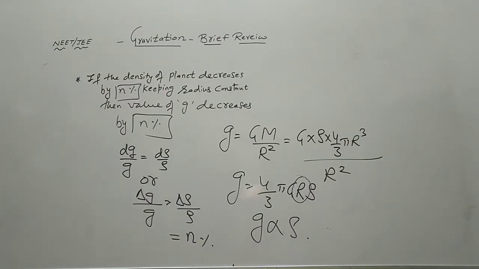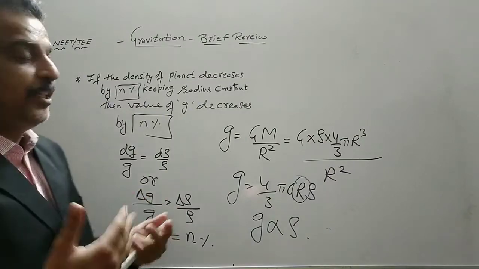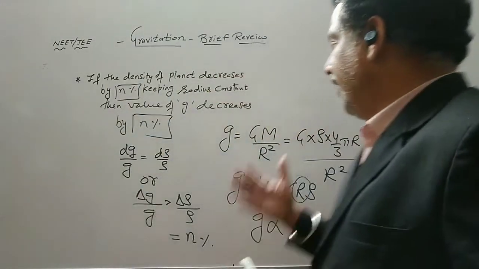So we have minus 2n% or plus 2n%, depending on whether the radius is increasing or decreasing. Mass is in direct proportion. So if mass increases, g will increase. If density increases, the g will increase. So this is the variation of small g in terms of the radius, mass, and the density.